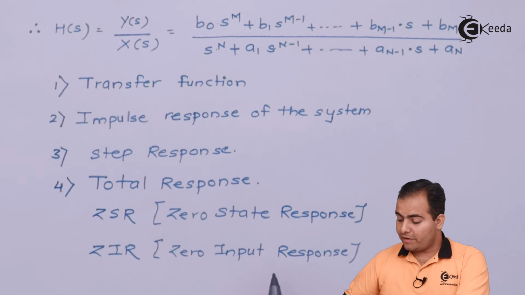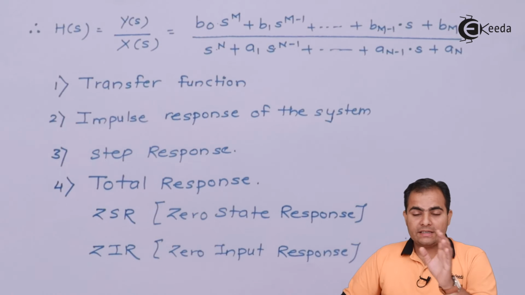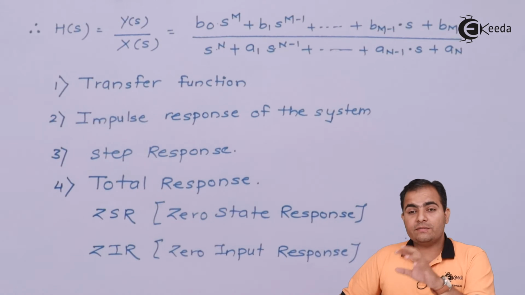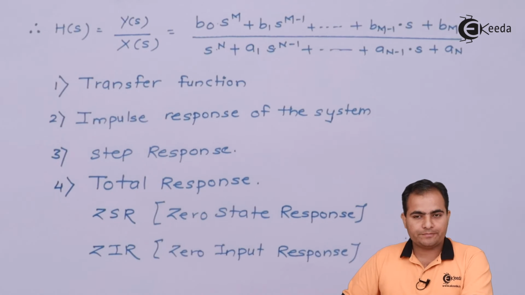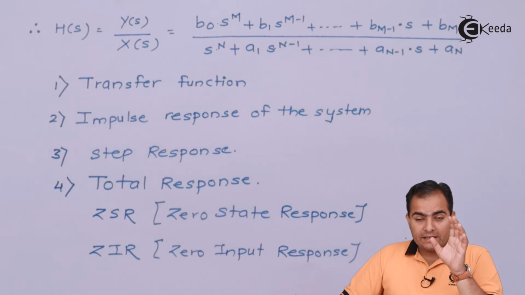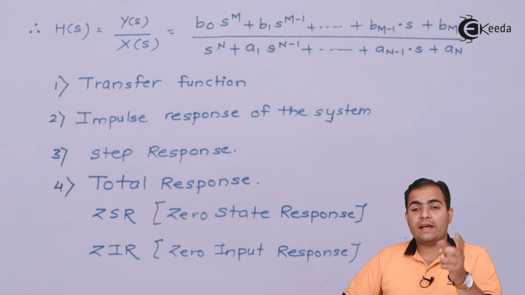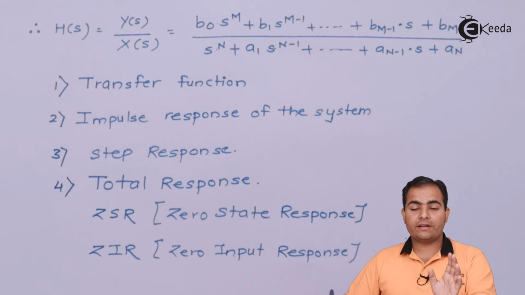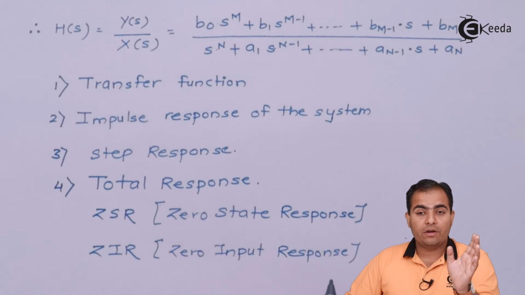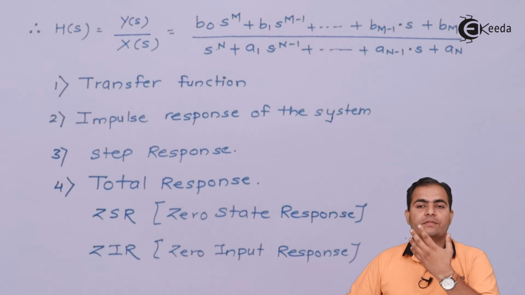So how can we define ZIR? ZIR is the response of the system due to the initial conditions, initial value or initial output of the system. Now, what do you mean by ZSR? ZSR is the output of the system which is achieved by applying an input signal, but in that we assume all the initial conditions are zero.